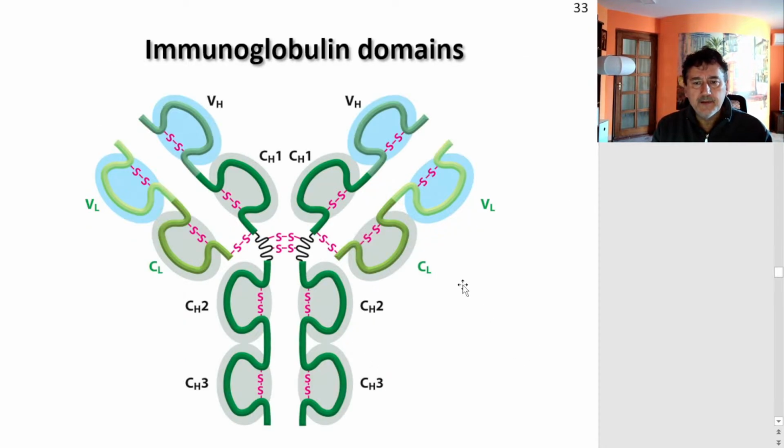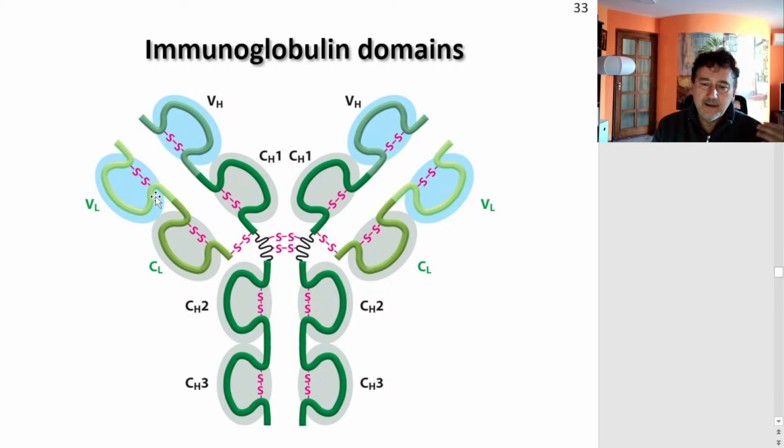And here you can see again that the antibodies or immunoglobulins are composed of different domains. And as we can see, also the T-cell receptors and even the MHC are composed of very similar domains. So all of these immune molecules derive from the same common ancestor, I would say.